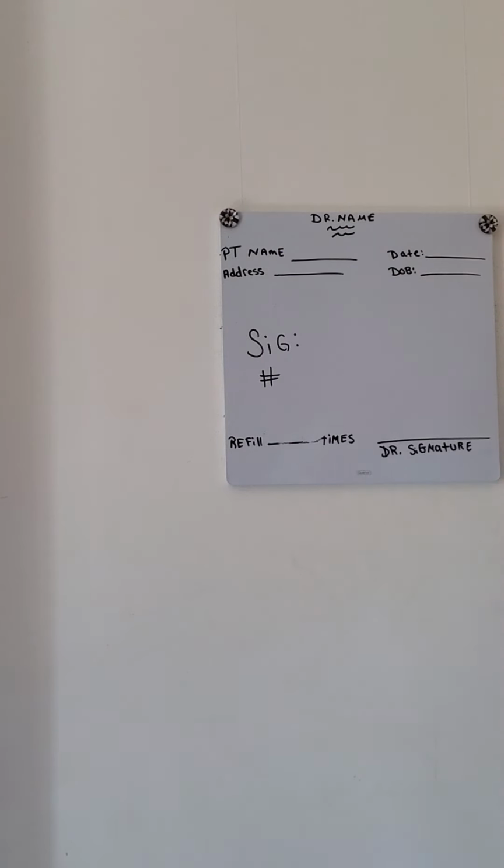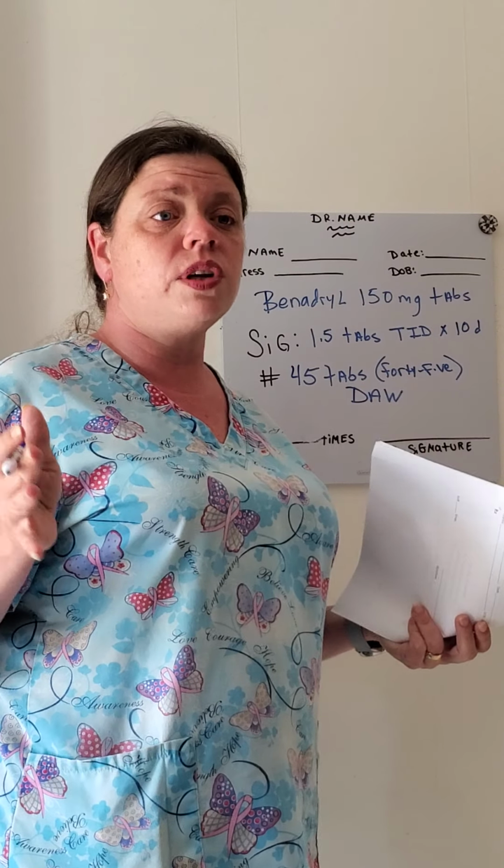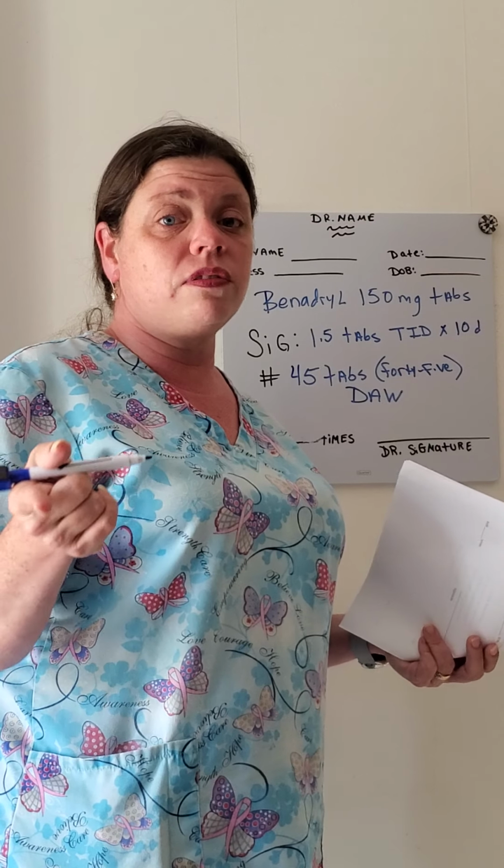Almost every pharmacy will always give you the generic instead of the brand because it's cheaper, which means the insurance will usually pay for it. If you try to get a brand name instead of a generic, the insurance most likely will not cover it. The patient would have to pay for the whole thing, unless they can prove that the generic is not working for them. And that's going to be your job. Guess what? That's an MA's job. We have to get on the phone with the insurance companies.